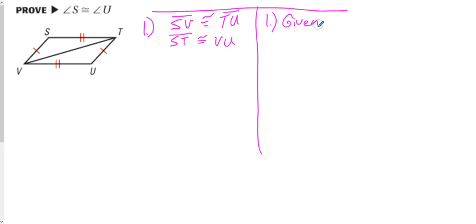They had already marked it for me. Now I look and go, okay, is there anything else I know has to be true? Well, they share this side TV. So step 2, I would say TV is congruent to TV. And the reason for that, anytime something is congruent to itself, you think about your reflection in the mirror, that is reflexive property of congruence.